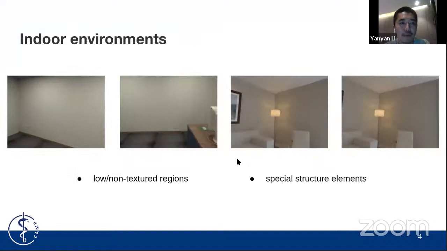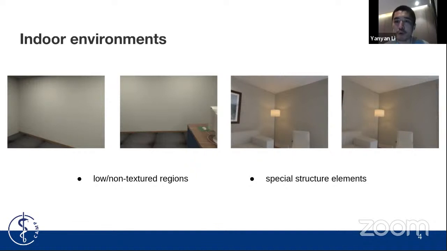Indoor environments are very special. Compared with outdoor environments, we will see some low or non-textured regions. You can see those white walls, ceiling, and floor, most of them very low textured.